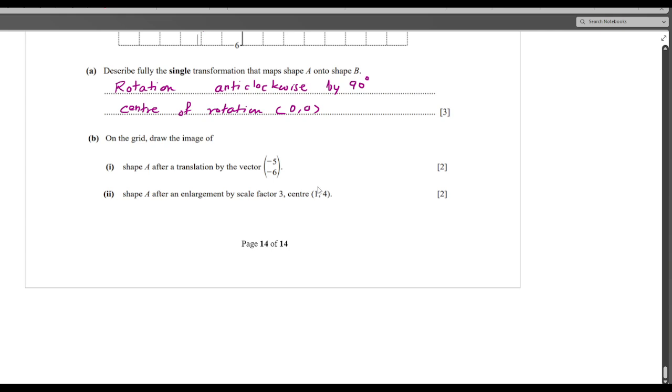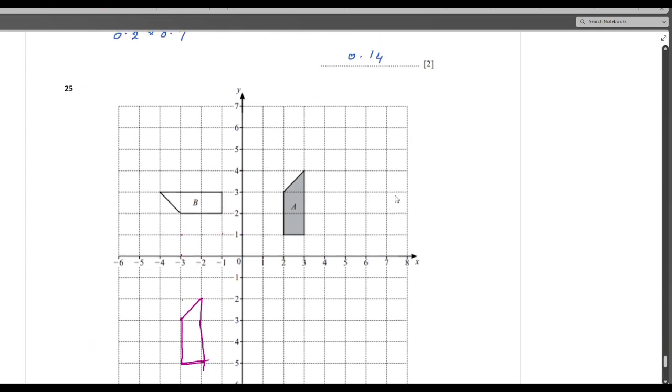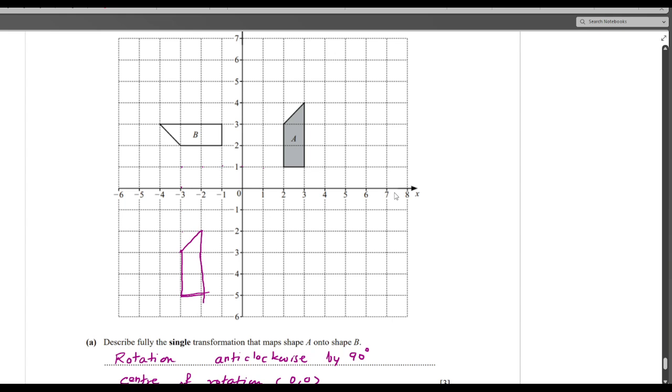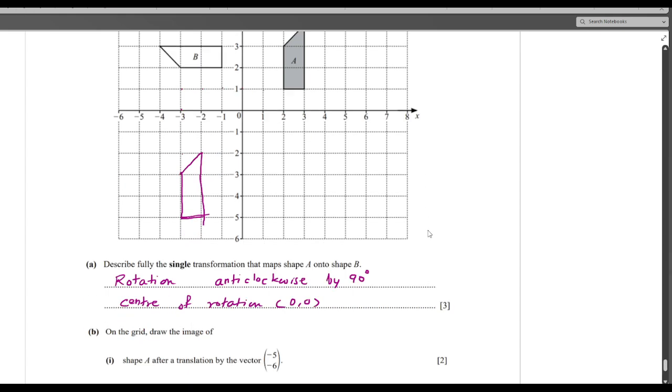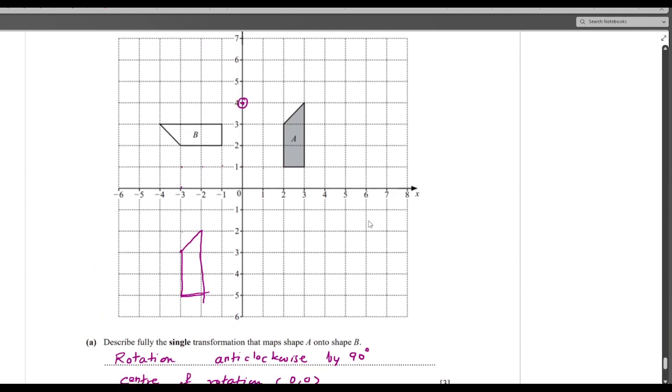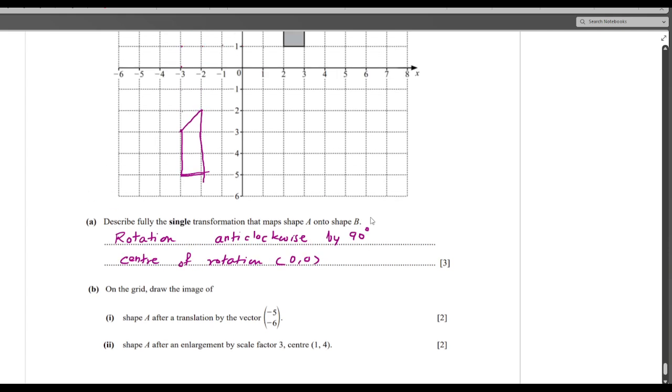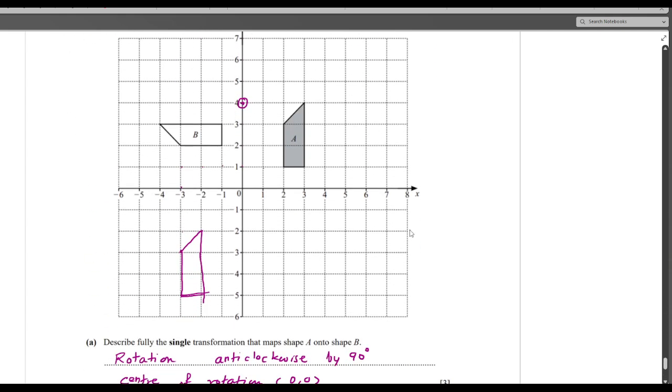Now shape A after enlargement by a scale factor 3, center 1, 4. So your center is 1, 4. 1, 4 is this point. About this you have to enlarge, and your enlargement scale factor is 3. So the shape should be 3 times this. For this point I will join this and extend on this side.